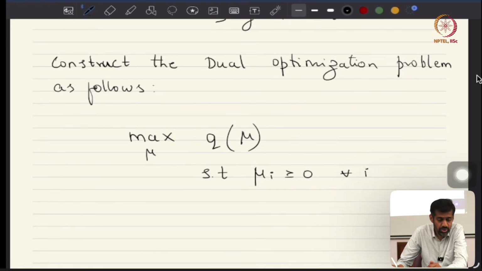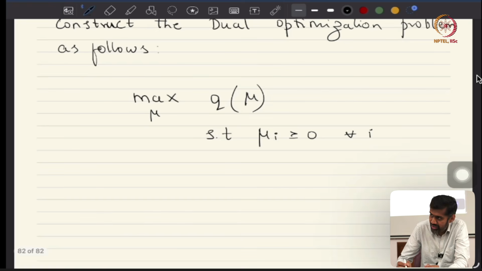Now what we should do is first construct the dual function, and then we will have to solve this dual problem. That is what we will do right now, assuming that it can be achieved, which in this particular case it can. So this is what we should solve.